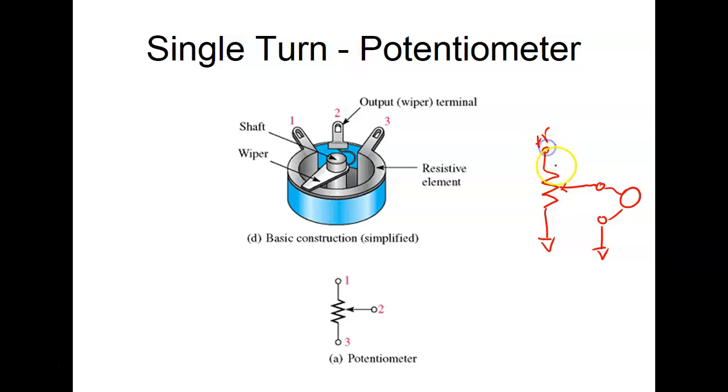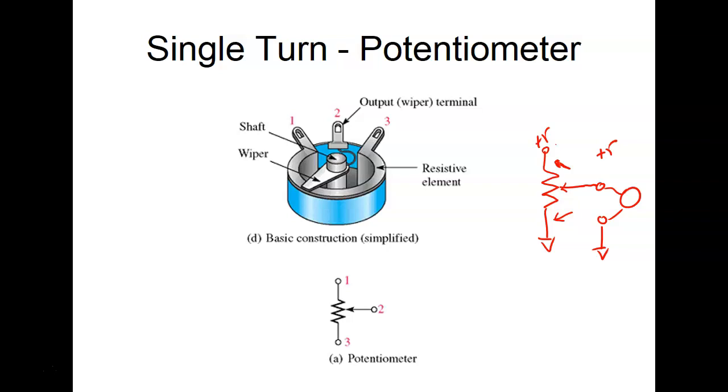Well, what if I turned it all the way up? Then what would we get out? 5 volts, right? And if I turn it all the way down, what would I get? 0 volts. And in the center, I would get something between 5 volts and 0 volts.